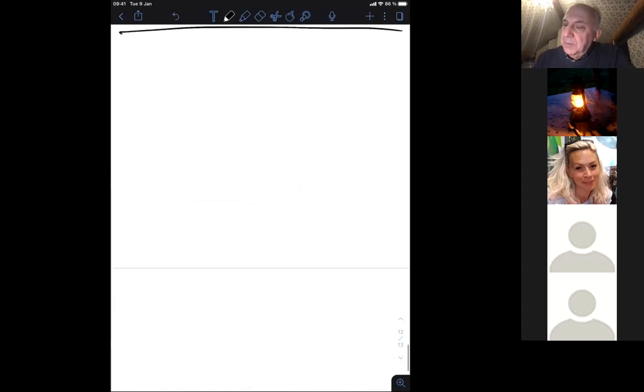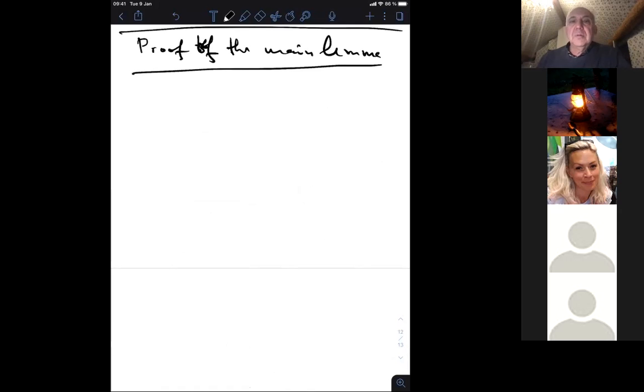How do we prove the main lemma? Okay, it's a little bit complicated, not too complicated, but still. Let me try to sketch this.